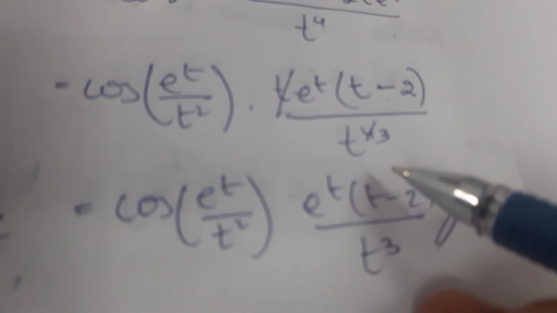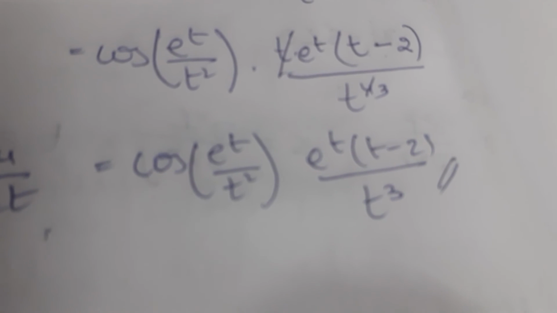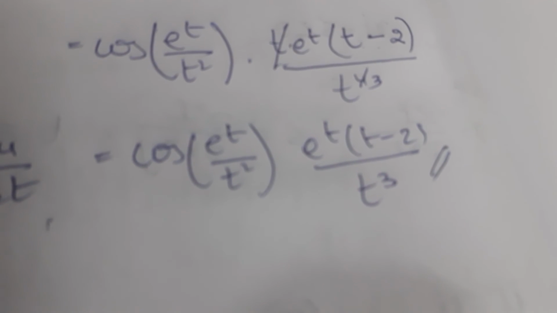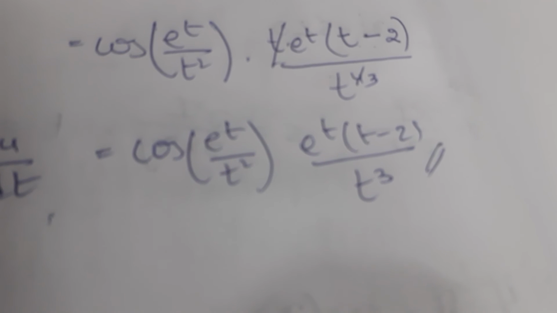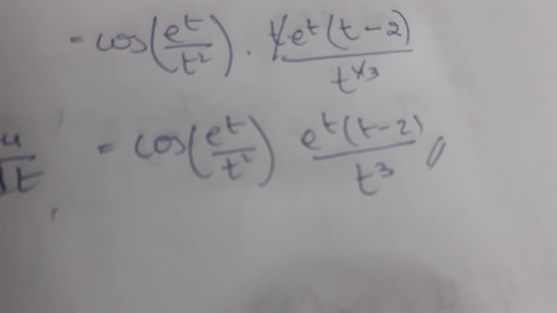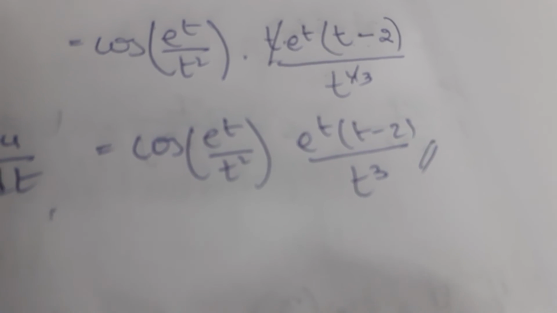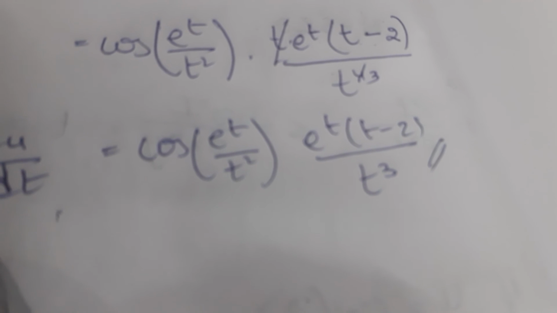That is the result of our composite function du by dt. Sometimes in the examination it is asked to find the solution for the given composite function, so you have to solve the problem like this.